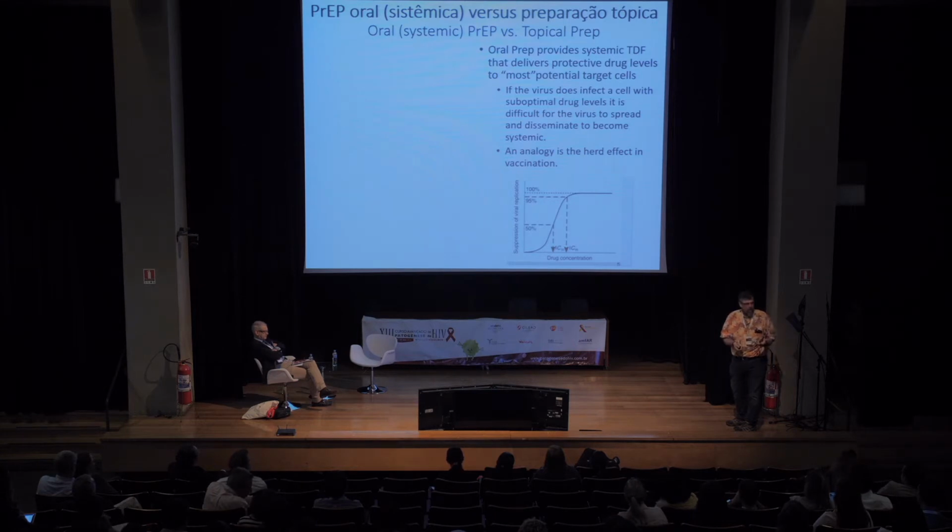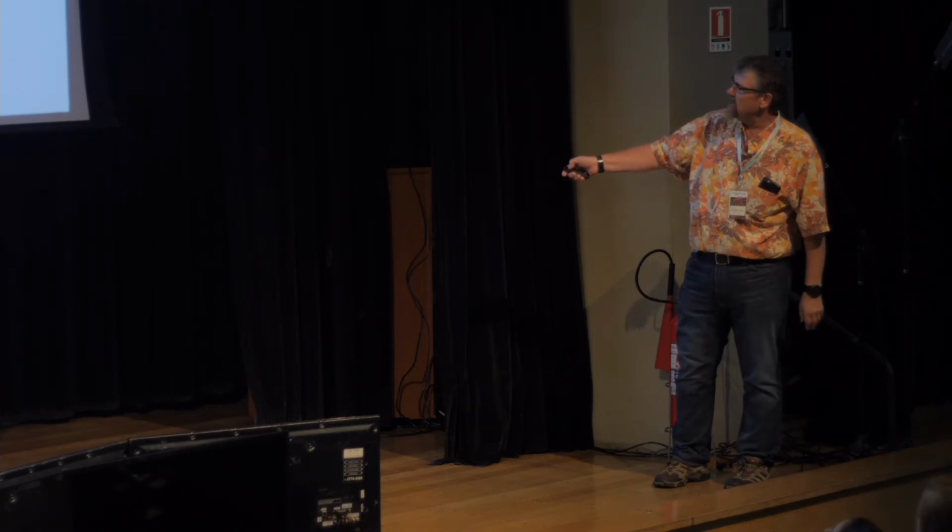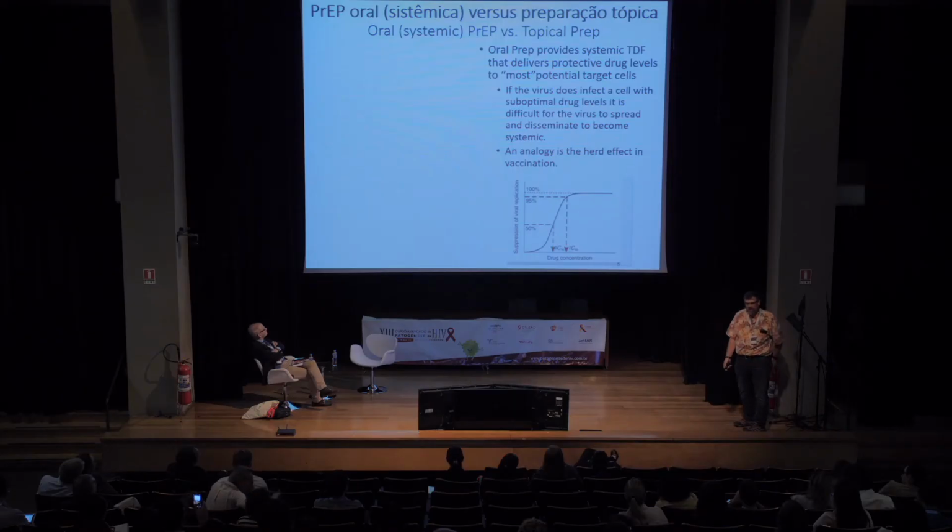But when you have oral PrEP, you have a different sort of circumstance. I think a nice way to think about this is when you are giving oral PrEP and you want to get, say, IC90, IC95. What that means is 95% of the cells are protected, or 90% of the cells are protected. And that's the part everybody likes to say.